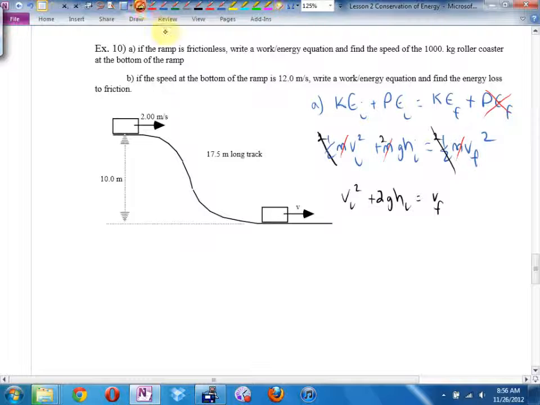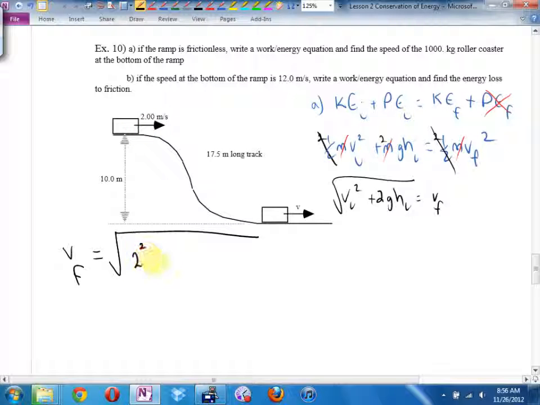Let's do that. So I'm going to get this. V final is going to be the square root of V initial squared, 2 from the diagram, plus 2 times 9.8 times 10.